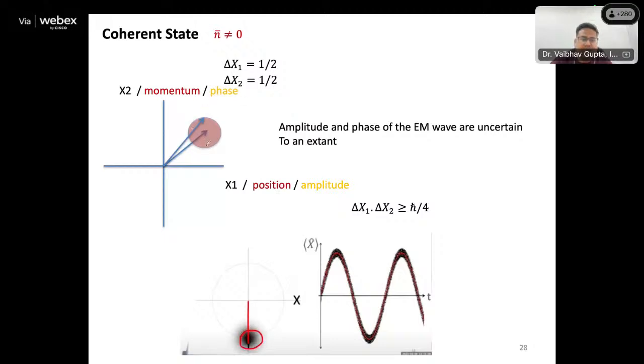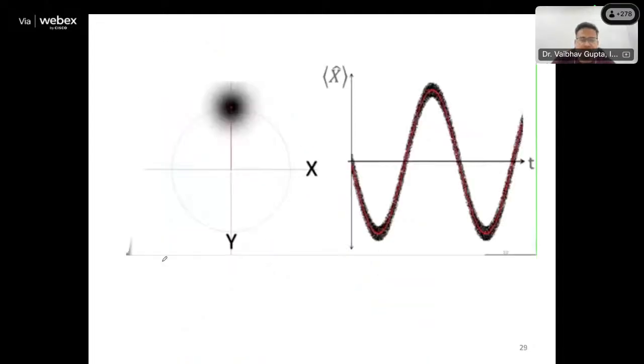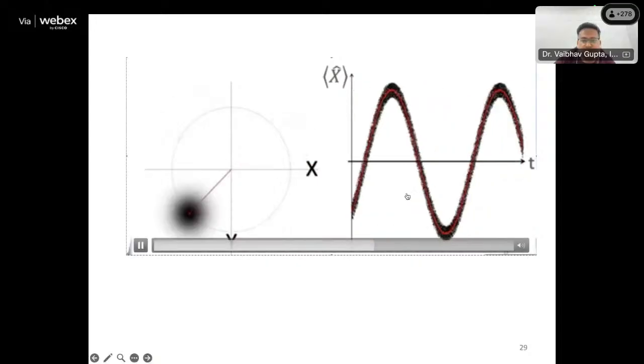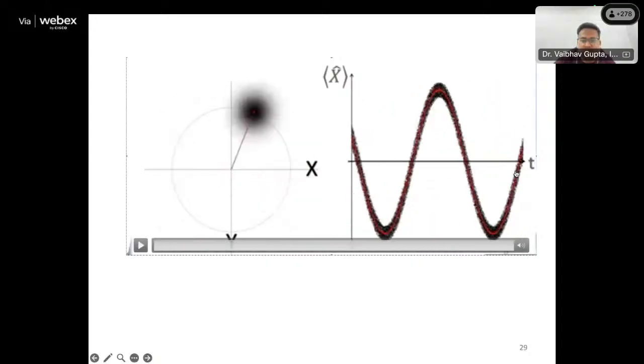So the wave can be represented by this, and this way is simpler as compared to doing it like this. Here I will show you this video, and this video also shows the same thing: there is this wave which is propagating, and this propagating wave can also be shown by changing this phasor or phase. This uncertainty is there but is rotating around this circle.